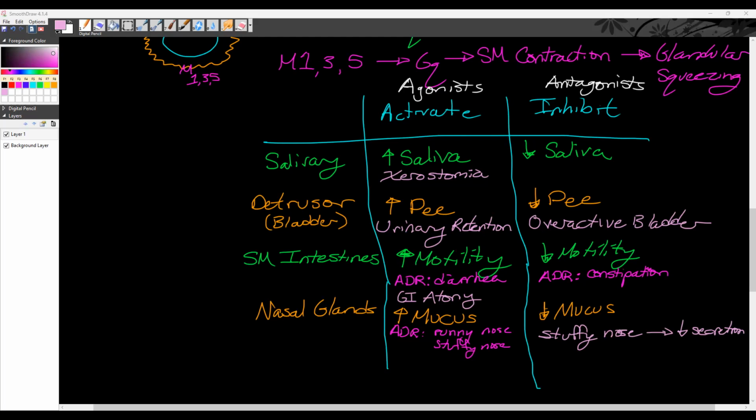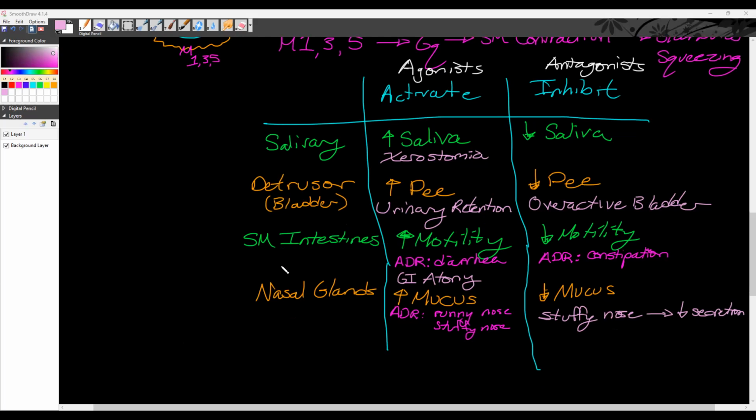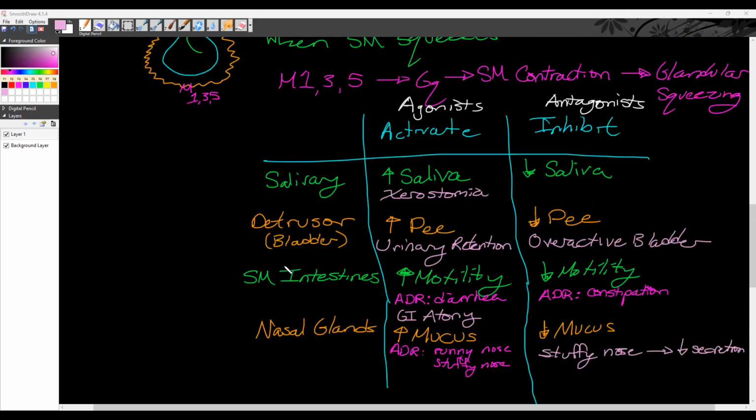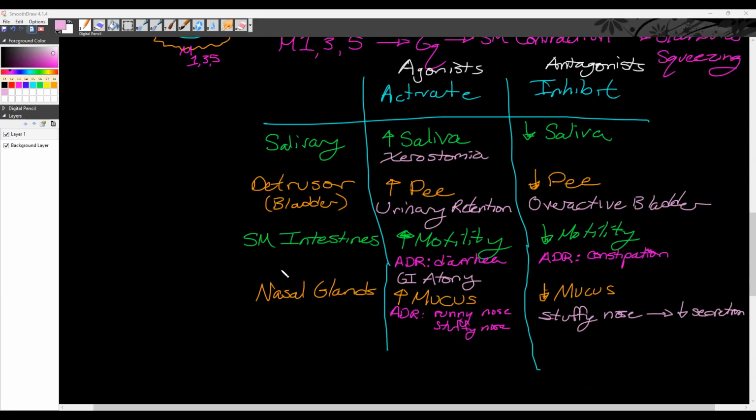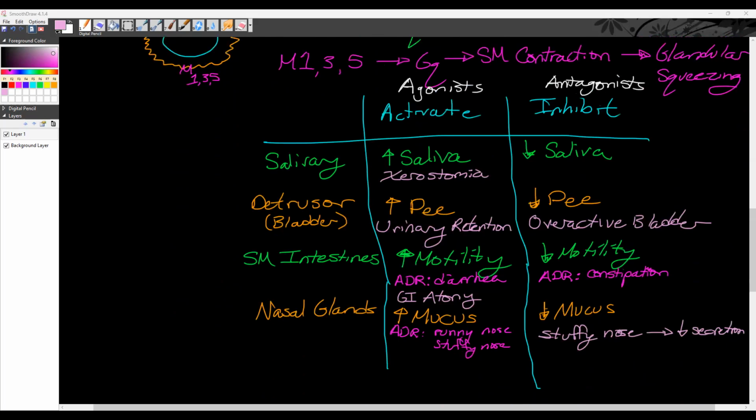All right. So M1, 3, and 5 have tons of effect on glands, the GI tract, and tons of effect on the eye, right?